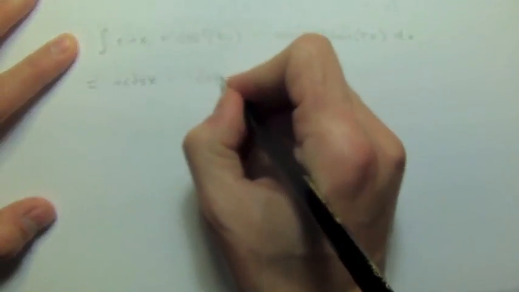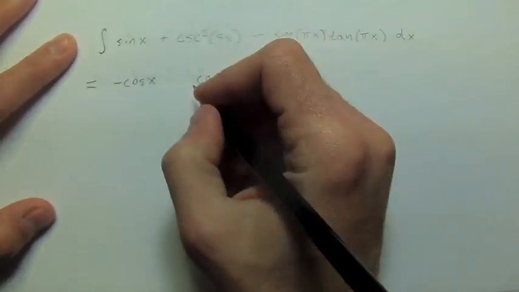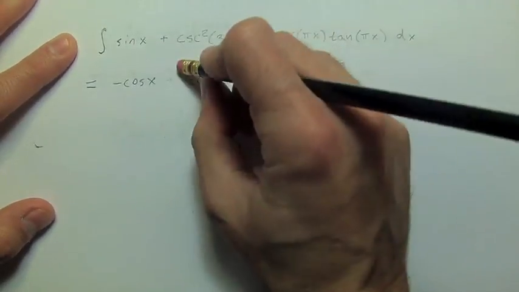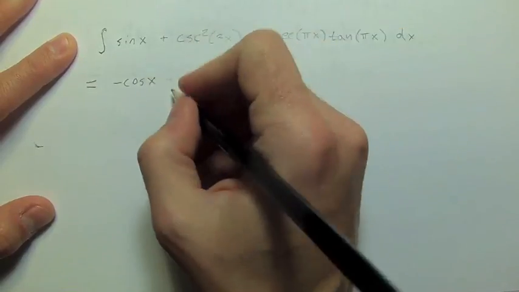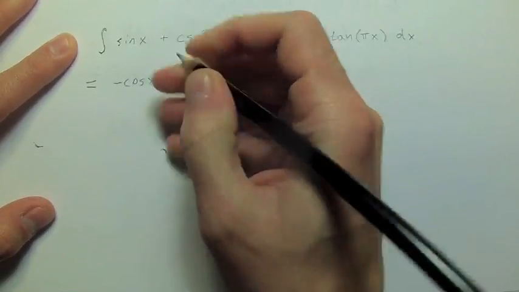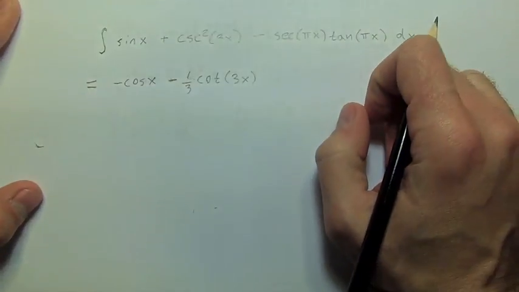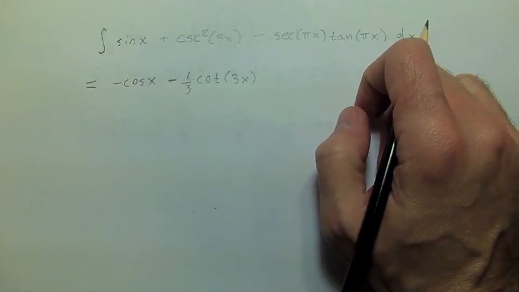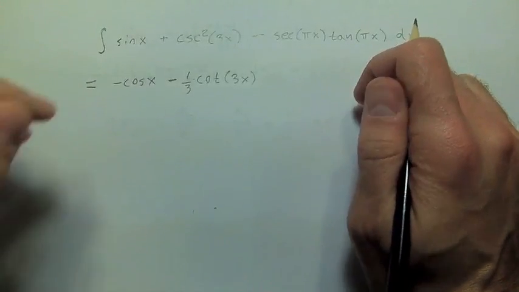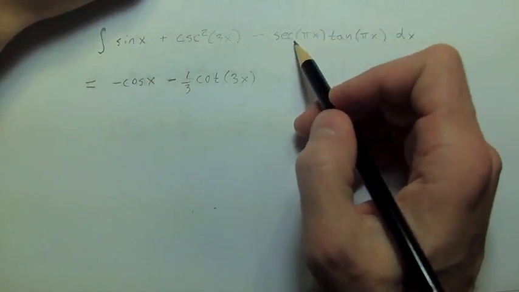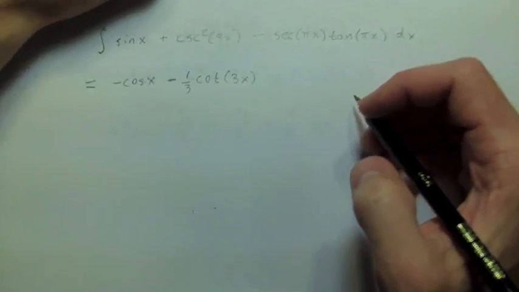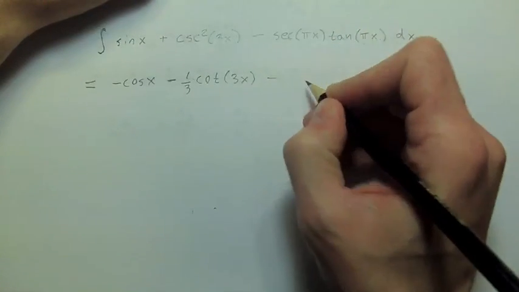Okay. But since we have a 3x in there, what do we need to do? We've got to divide by 3. So this is going to be minus 1/3 cotangent 3x. Okay. And same thing here. Secant tangent is going to give us secant, right?